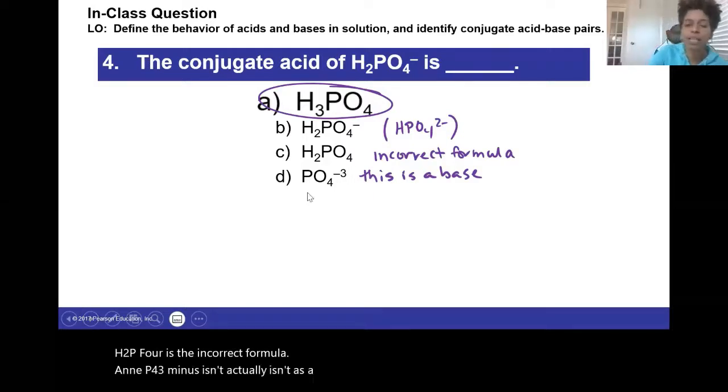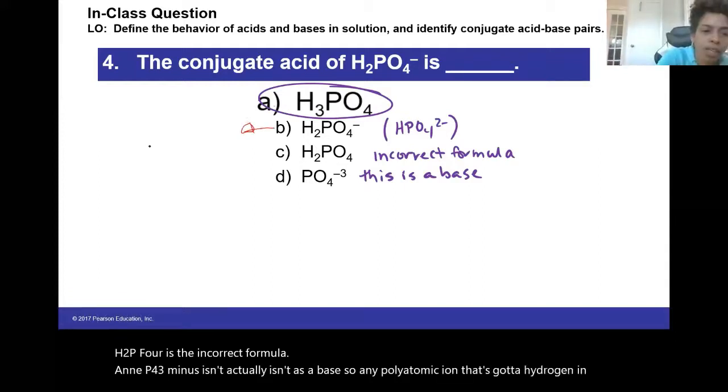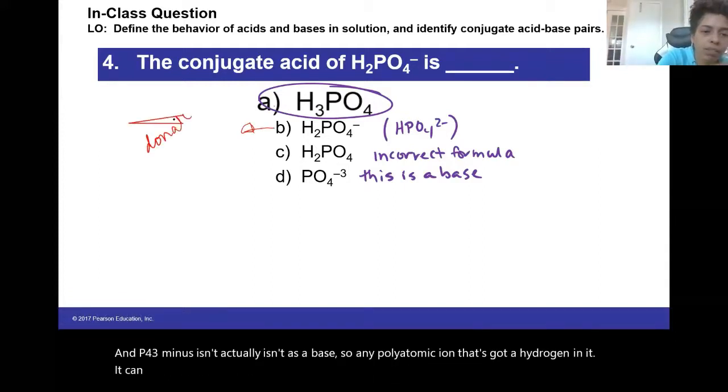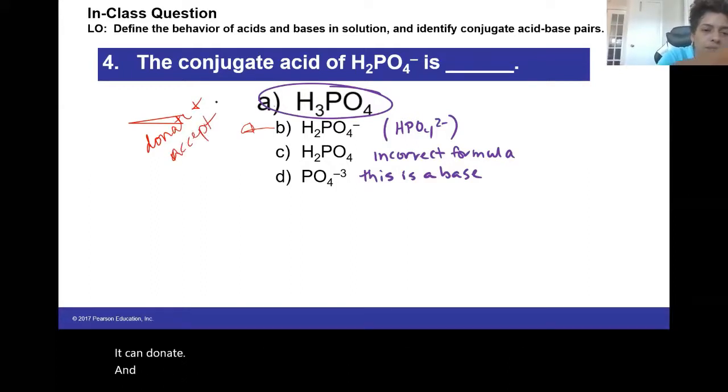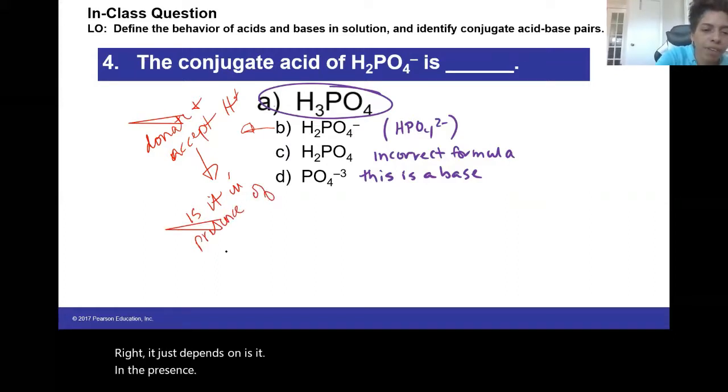So any polyatomic ion that's got a hydrogen in it can donate and accept a proton, right? It just depends on whether it's in the presence of a stronger acid or a base.